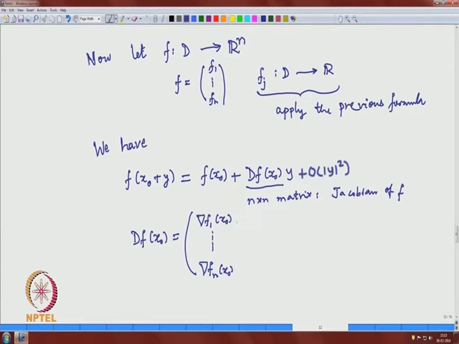You write the gradient as a vector. The first vector comes from F 1, second vector from F 2, etc. So this is an n by n matrix.